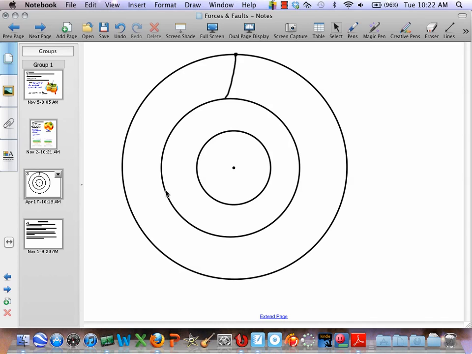Changes its direction again. Now, remember we talked about the fact that we think that our inner core is solid, 80% iron, 20% nickel, and we think the outer core is liquid? As far as I know, we asked, how do we know that? Well, this is how we know that.